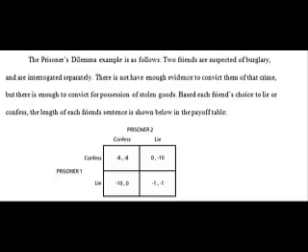But since they were found in possession of the stolen goods, they can charge them with that. Now, they have two choices. Each friend can either lie or confess to the burglary. The payoff table shown at the bottom lists the jail sentence in years.